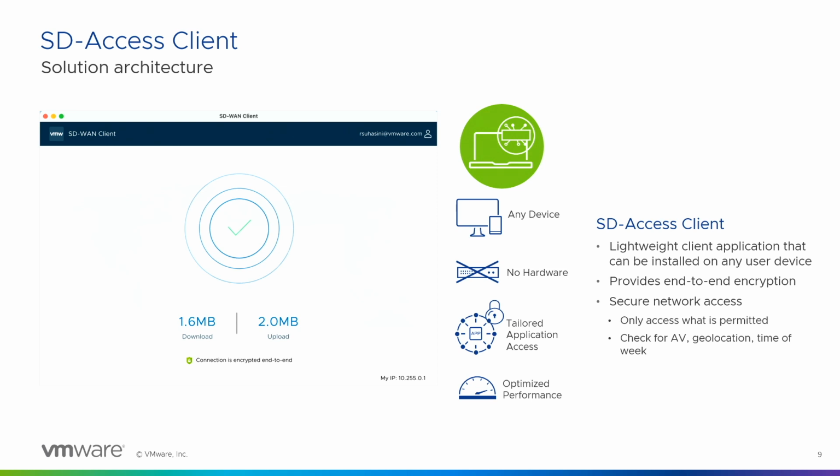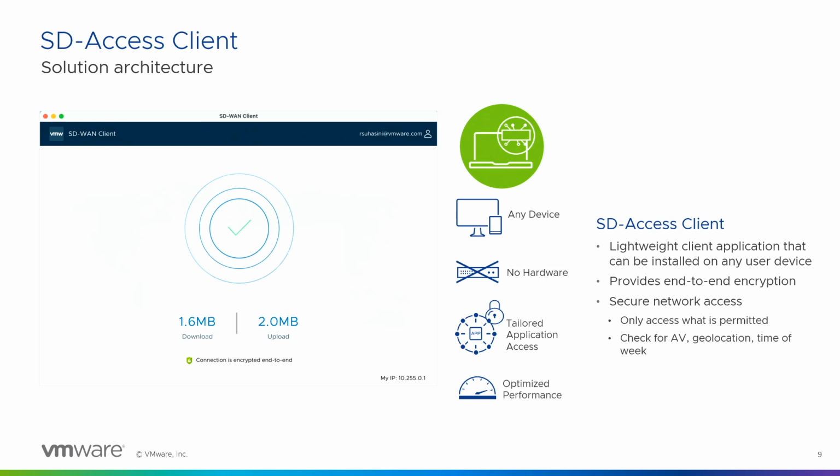Once you log in, you will be able to see the username here, which is usually your email, and then you will get an IP address, which is the SD-Access overlay IP address that's assigned to your client device. So this is a very lightweight application that goes on your user devices, and absolutely there's no hardware required.